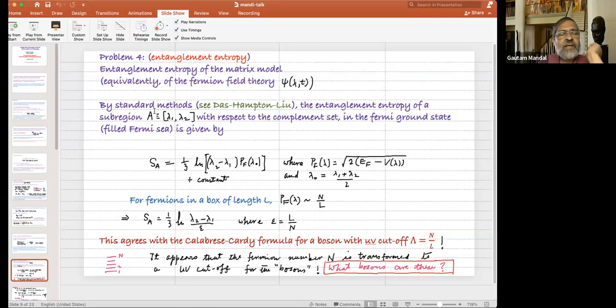The idea is to compute the entanglement entropy of this interval in the ground state of the fermion theory, which is the filled Fermi sea. The result is the following.